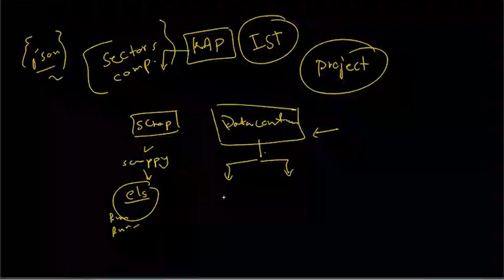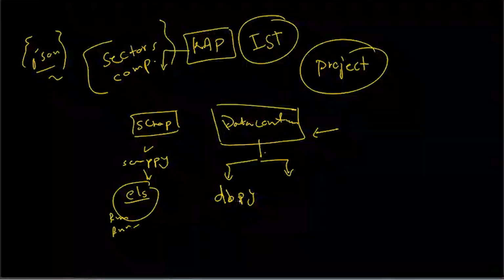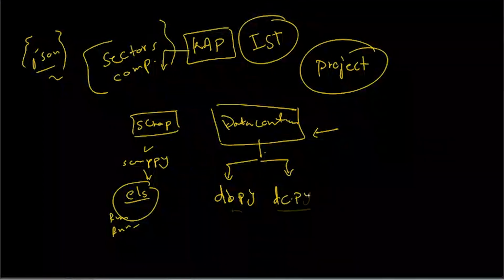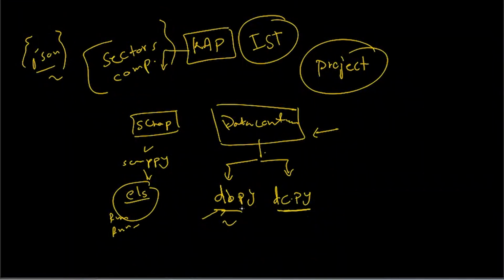And on the data center, maybe we need two submodules inside. First one, maybe we can create module.py for the database, and another one, again, we can call it data center.py. One of them is responsible for handling the database connections, and one of them for handling the events or seeing what the requests are.